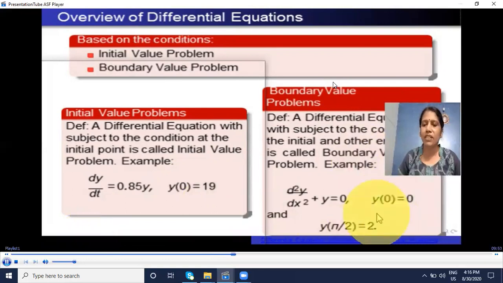Initially, when x is equal to 0, the y value is also 0. This is the initial condition. Then the boundary condition is y of pi by 2 is equal to 3. When x value is pi by 2, the y value is 3. This is the boundary condition. That's why we call these equations boundary value problems.